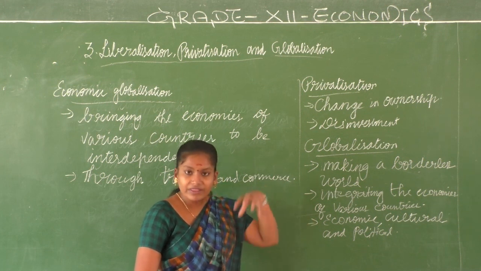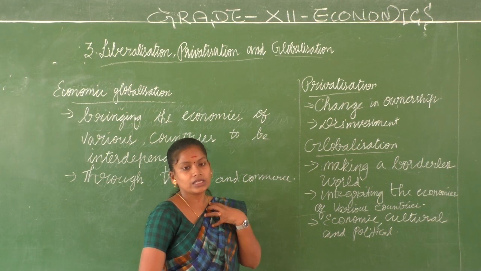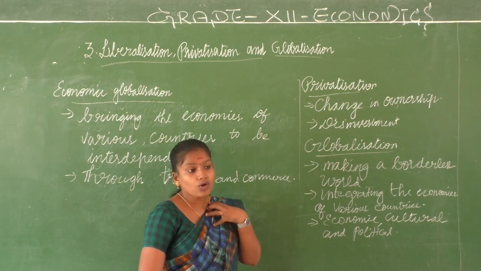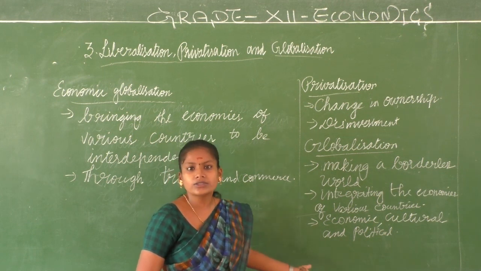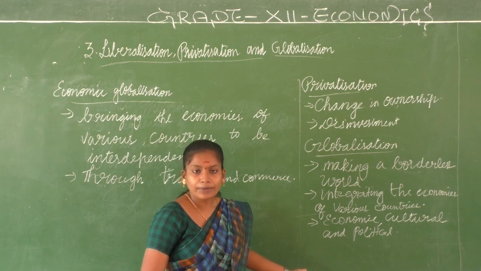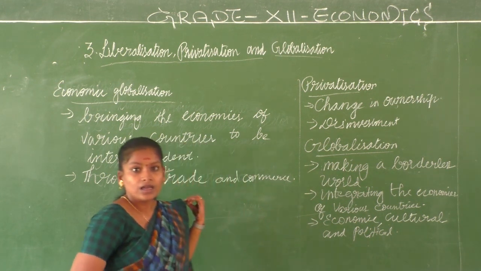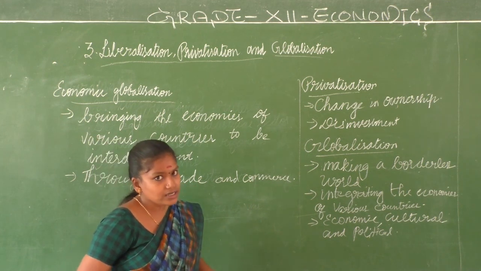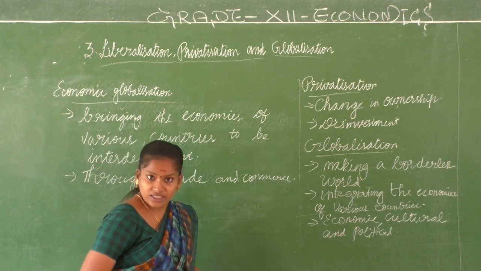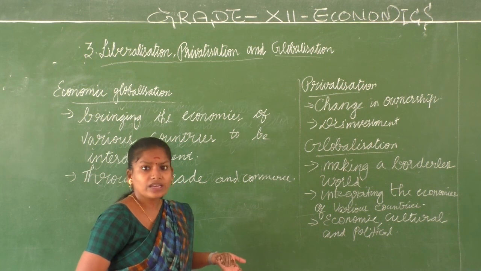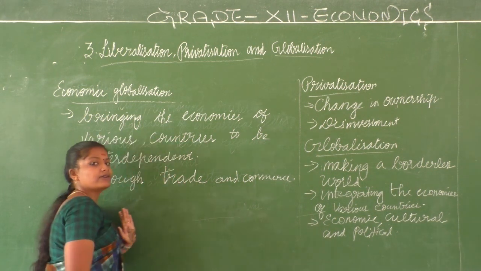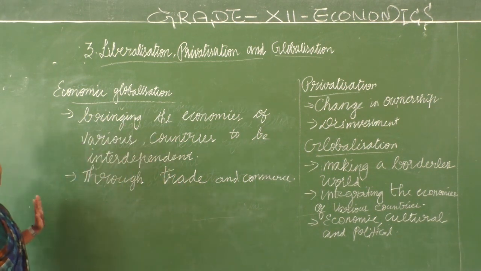It's not only within the country. The economic crisis in my country is going to affect the next country also. That is economic globalization. International currency, foreign exchange system, foreign investments, all of this comes under economic globalization.